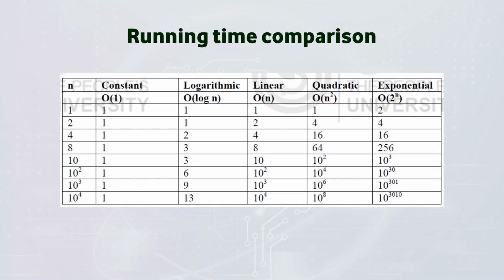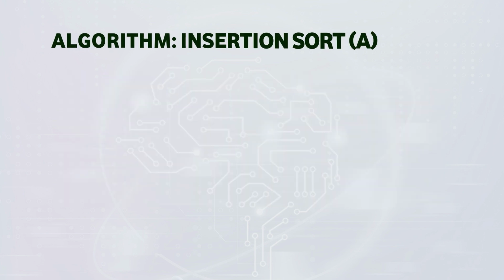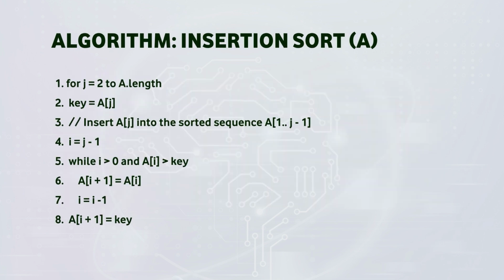When n equals 10 to the power 4, the linear time is 10 to the power 4, the quadratic time is 10 to the power 8, and the exponential time is 10 to the power 3010. So we can see how the constant, logarithmic, linear, quadratic and exponential complexities grow as the size of n increases.